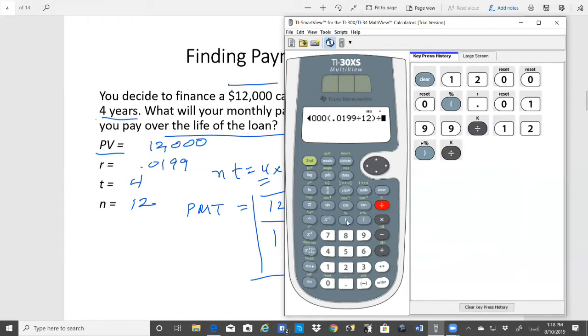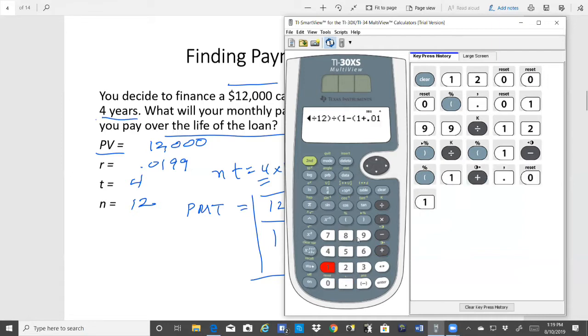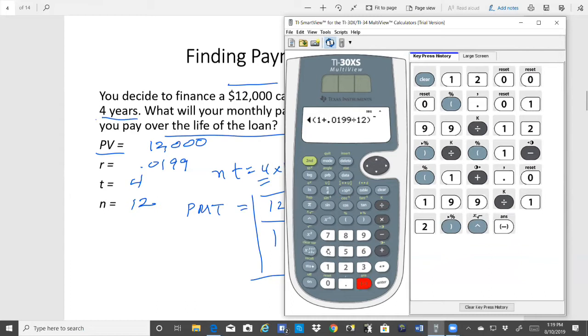And we need to use parentheses here. 1 minus, and now the base is going to be 1 plus 0.0199 divided by 12. And that's going to have to be raised to the minus 48 power.